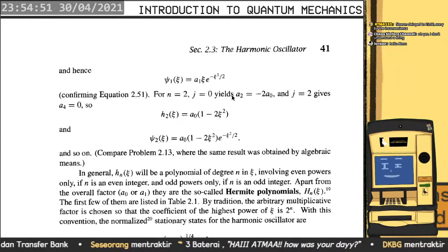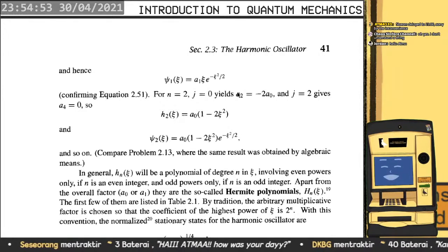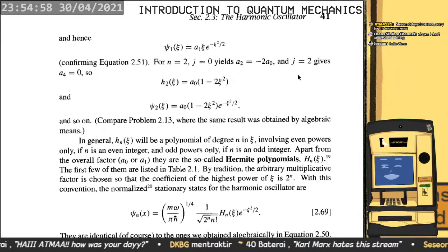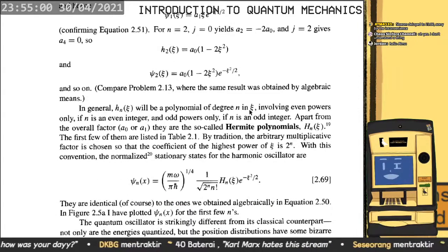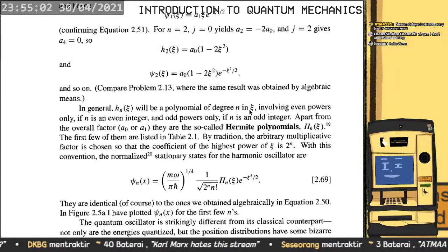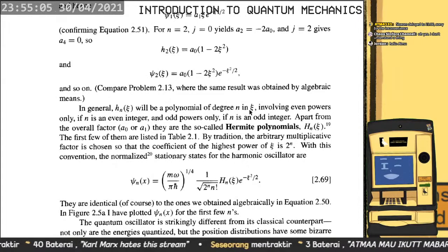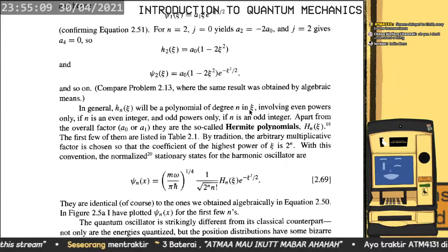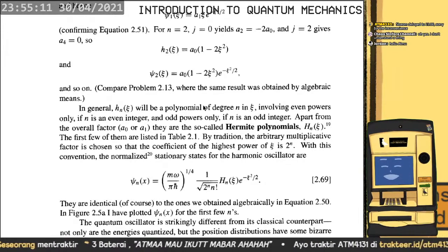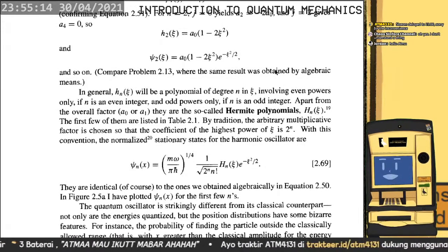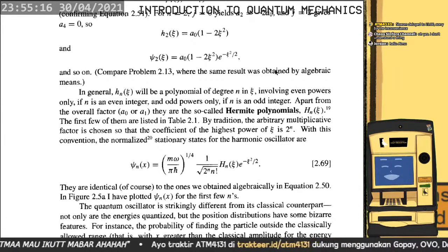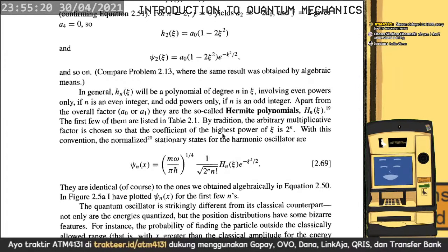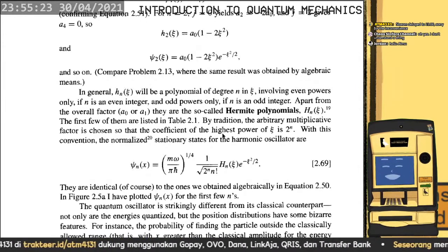For n equals 2, j equals 0 yields this and gives a4 equals 0. So this equation and that equation, and so on. Compare problem 2.13, where the same result was obtained by algebraic means. In general, h n of c will be a polynomial of degree n in c involving even powers only if n is an even integer and odd powers only if n is an odd integer.